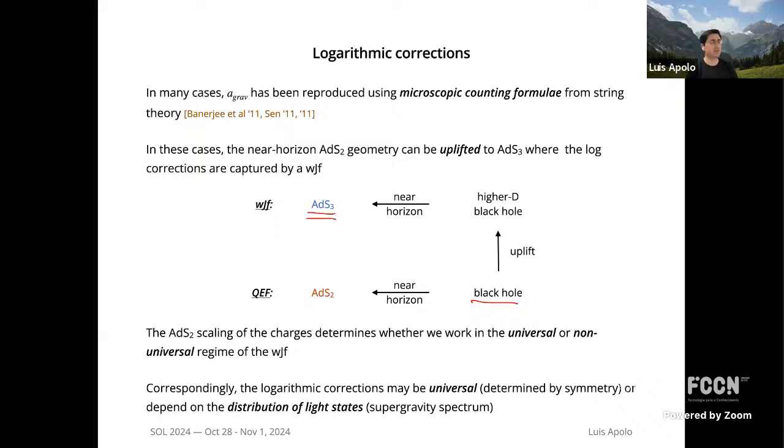And in this AdS3, you can write down an index describing the degrees of freedom of supergravity in this background. So it will be AdS3 times something else. And from this weak Jacobi form, you can apply the formalism we described before to extract the log corrections.